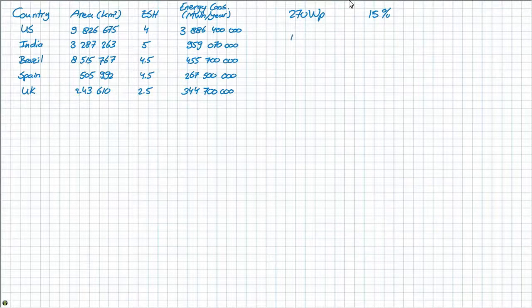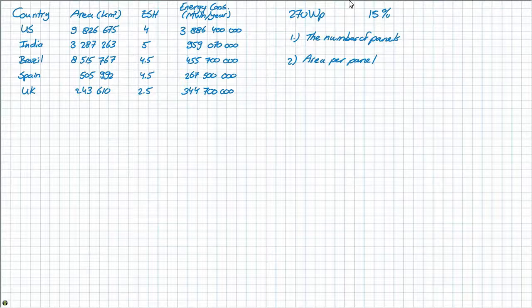First, you want to know the number of panels you would need to supply the annual energy demand. And second, you want to know the area per panel. So let's start with the number of panels.